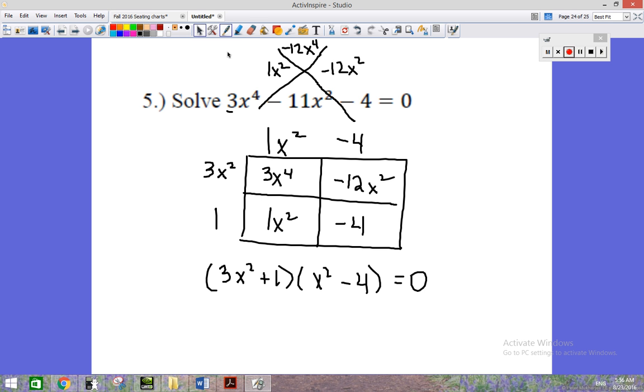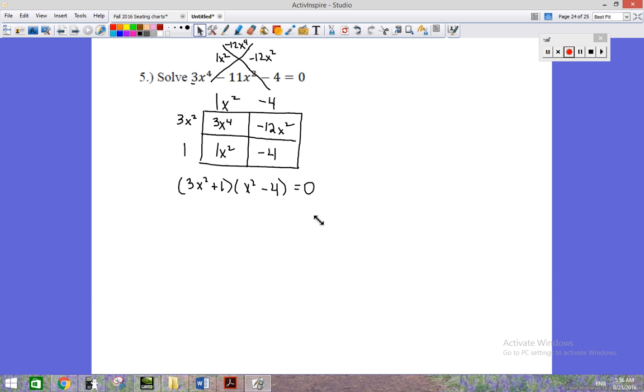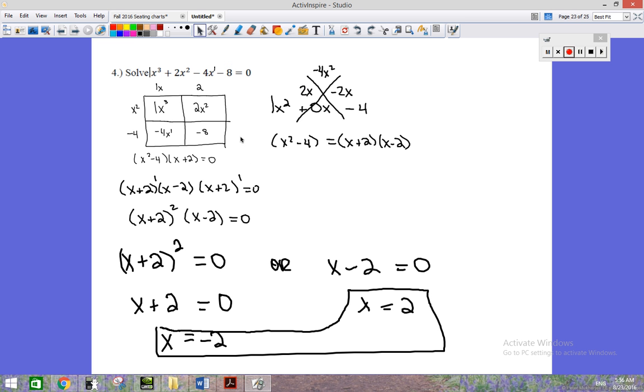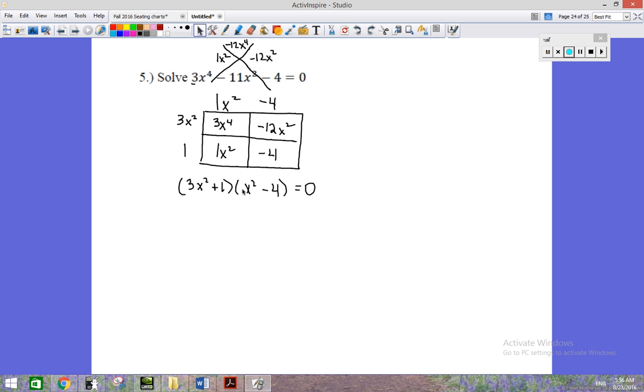So just as before, I can continue to factor. You want to factor this completely. When we look at x squared minus 4, was that the one that we did? Yeah, x squared minus 4, we saw that using that x method we had x plus 2 and x minus 2. And whenever you have this difference of squares, there's a formula that hopefully you know: a squared minus b squared is a plus b times a minus b.